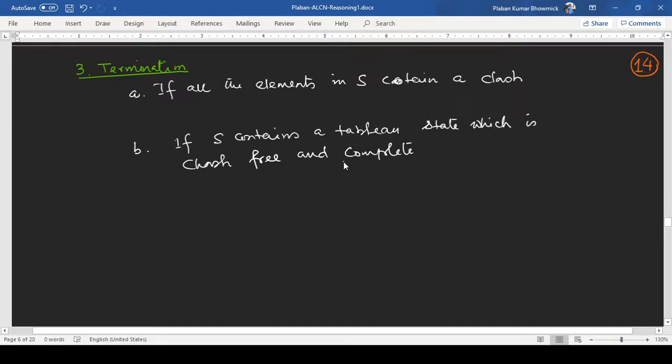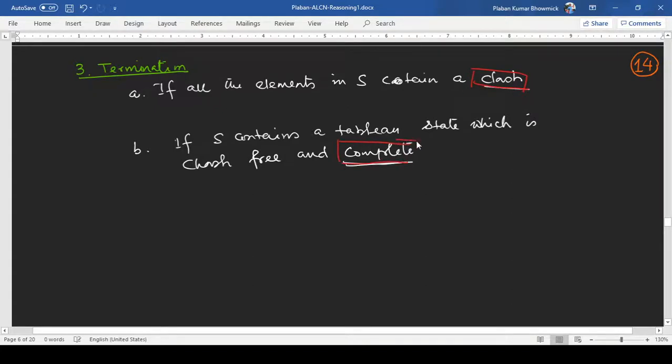So we are looking for the completeness of the tableau state and clash.